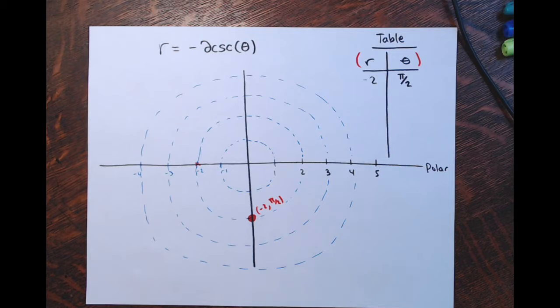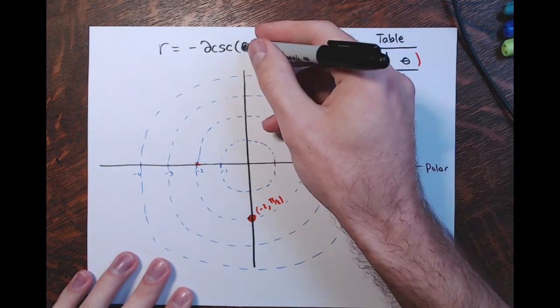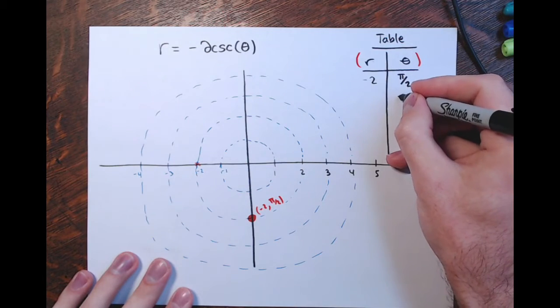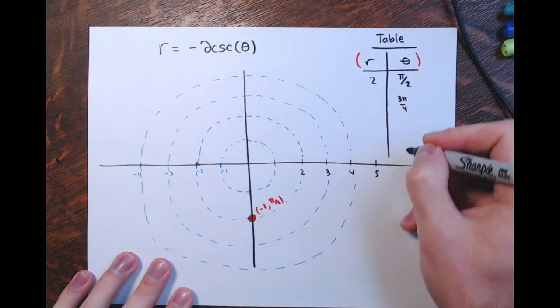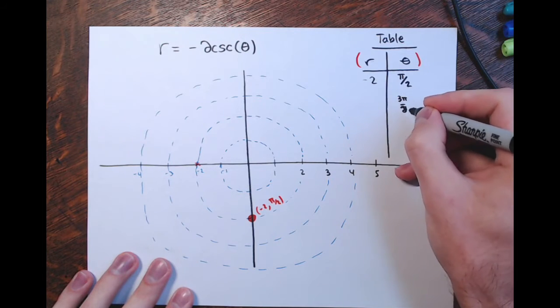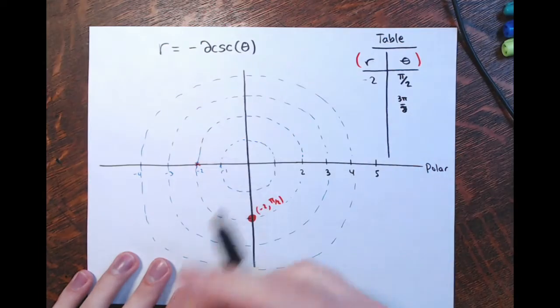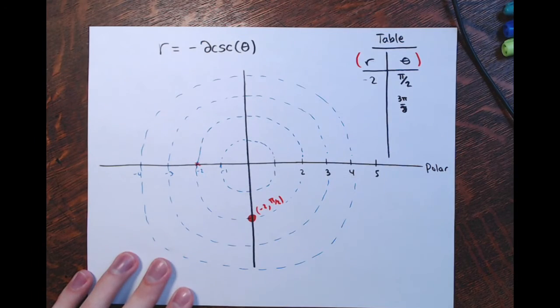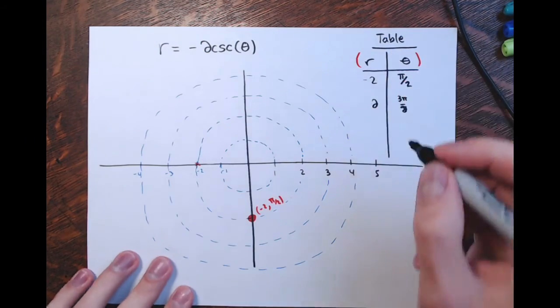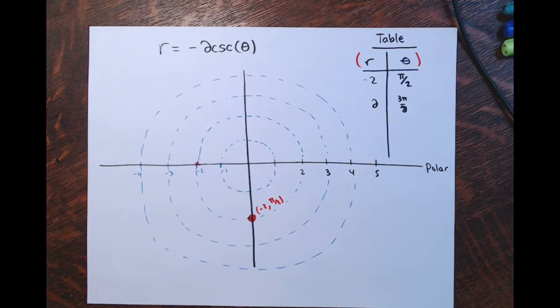I can't plug in pi because it makes me undefined. I can plug in 3 pi over 2. When I plug this in, the cosecant of 3 pi over 2 is -1, times -2 would be positive 2 for r. Let's see what happens here.